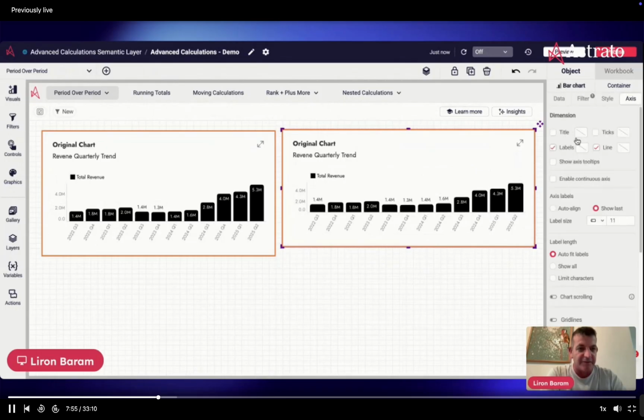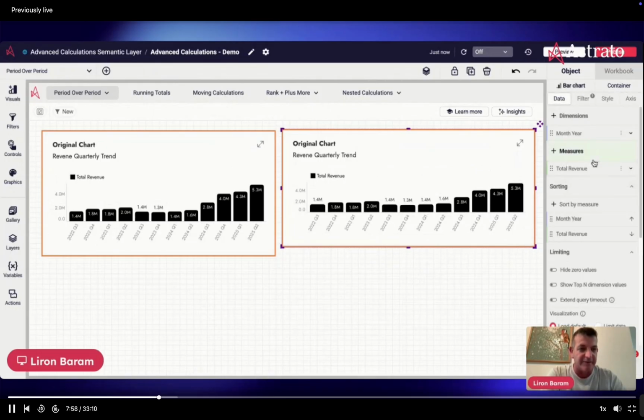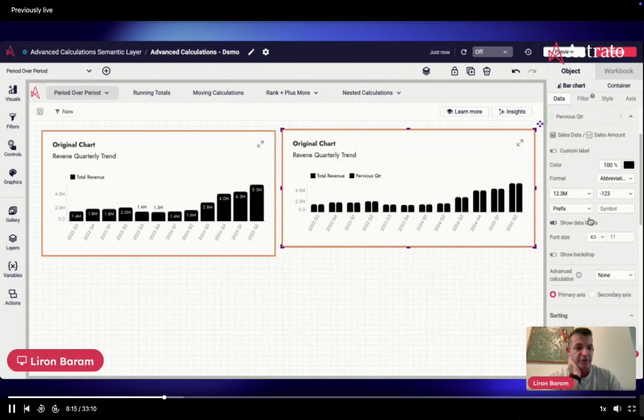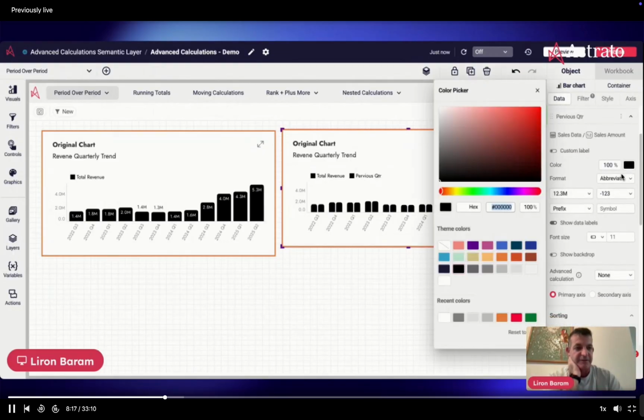First thing first, we want to leave our original calculation, but now let's duplicate it. Let's rename it to a meaningful name. And now we see the same value. Let's give it a different color.